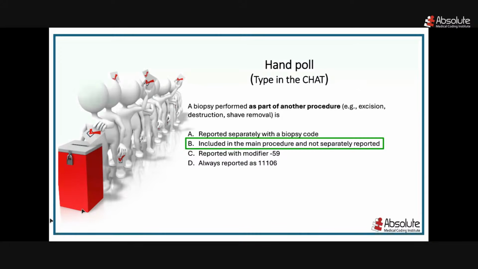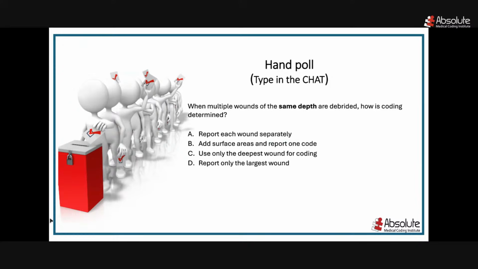Yes, it is included in the main procedure and they are not reported separately. A biopsy must be performed independent and distinct from the other procedure performed at the same session. That's what the guideline said. So you cannot code them if it is a part of another procedure. I can see one option B in the chat. I think that was an aha moment. So good one, good learning moment. And here we go, next scenario.